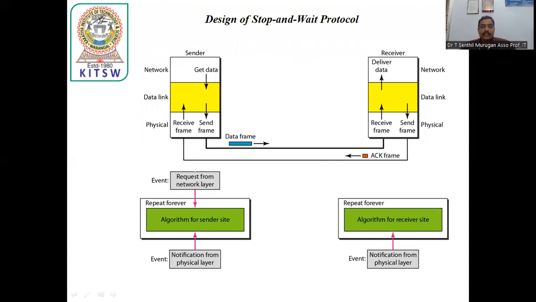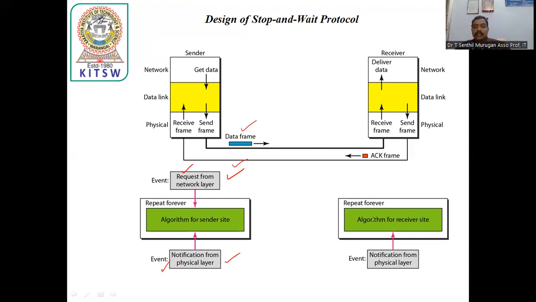Here, what are the events? First, a request from the network layer. It will request any data it wants to send. Then after that, it will check continuously for notification from the physical layer. Both will be there because we are sending the data frame and receiving the acknowledgement. For sending, we have to request the data from the network layer. For receiving the acknowledgement, we get the notification from the physical layer.